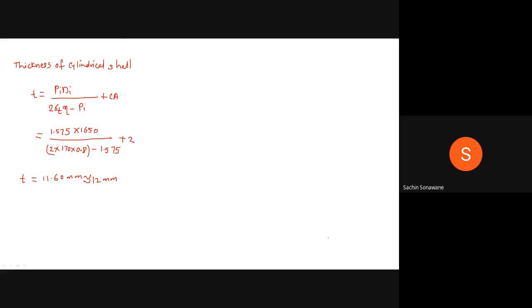Now we will calculate thickness of torispherical head. Therefore, write down the formula.